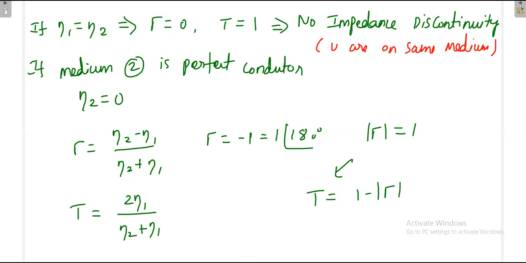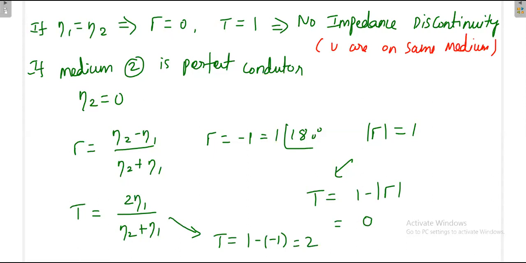So finally you get a transmission coefficient of 0, but by the formula you are getting 2 because the value is minus 1: T is equal to 1 minus of minus 1, which gives 2. But that is not true, and 0 is the correct answer. So you get zero transmission, complete reflection. Whenever the electric field is incident on a conductor, you get complete reflection, and there is no transmission at all.